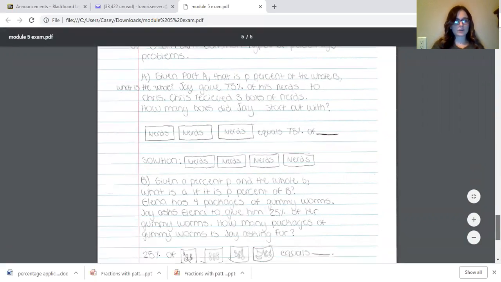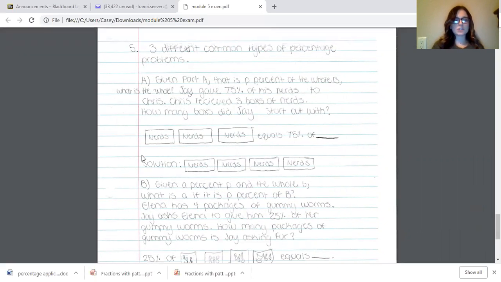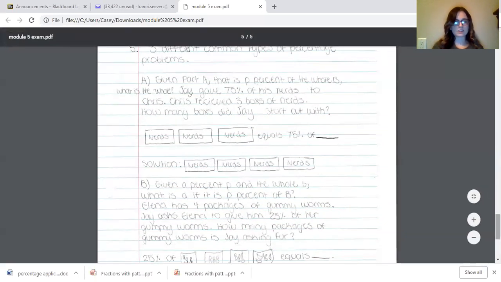So here is our little poster. We have 3 boxes of nerds equals 75% of blank. What would be our solution? The solution would be 4 boxes of nerds, as you can see, because 75% of 4 boxes of nerds would be 3 boxes of nerds.